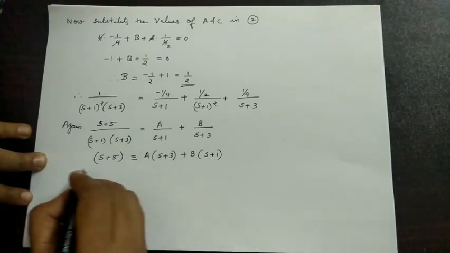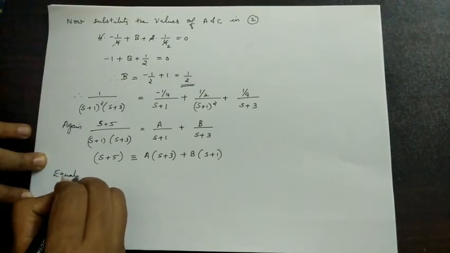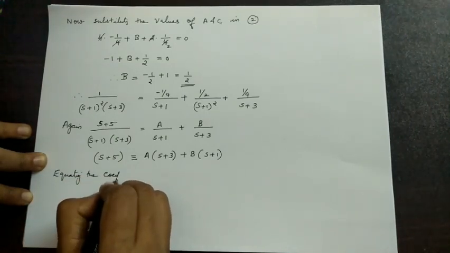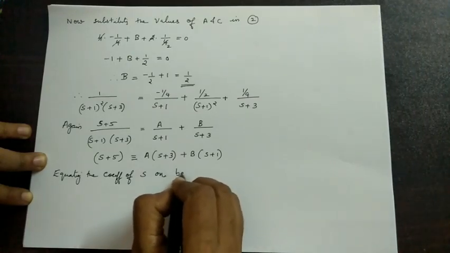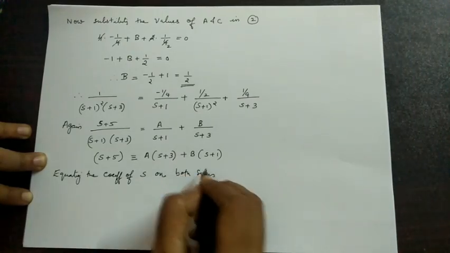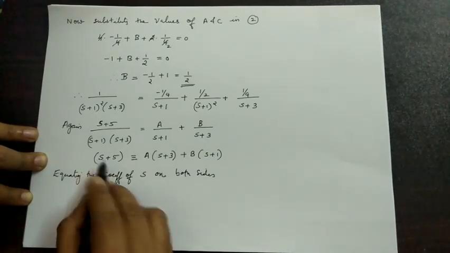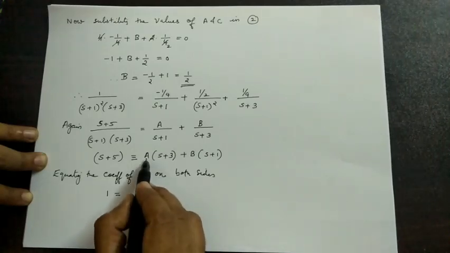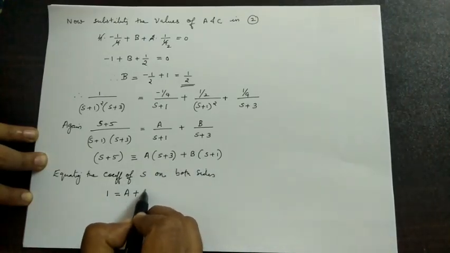Here, first of all, I am equating the coefficient of s on both sides. On the left hand side, the coefficient of s is 1, which is equal to, on the right hand side, a into s plus b into s, that is a plus b.